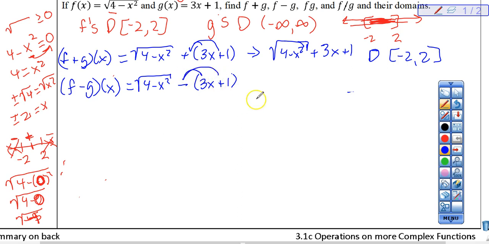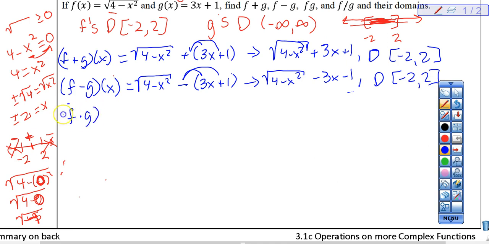That's why it's really important to use parentheses when you do substitution. So we get 4 minus x squared minus 3x minus 1, but still, our domain, we can only subtract them where they share x's.